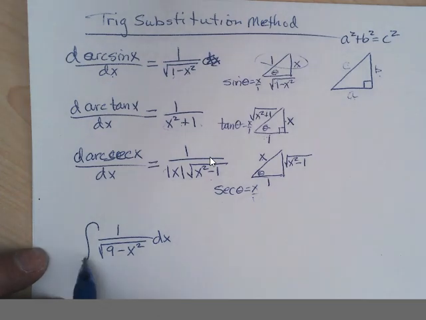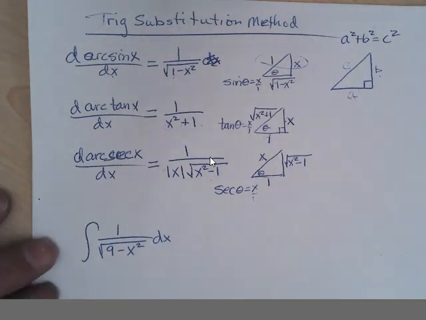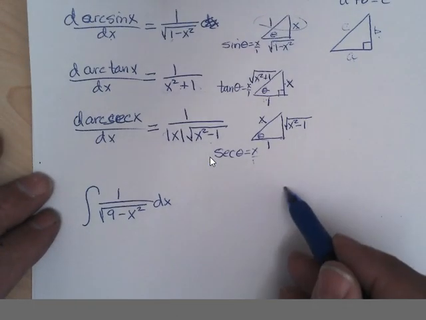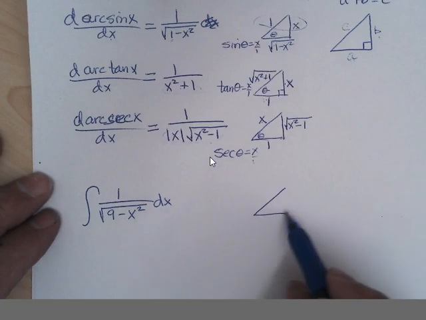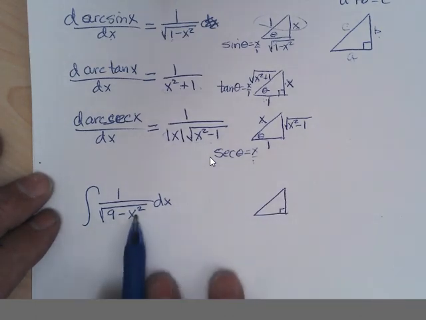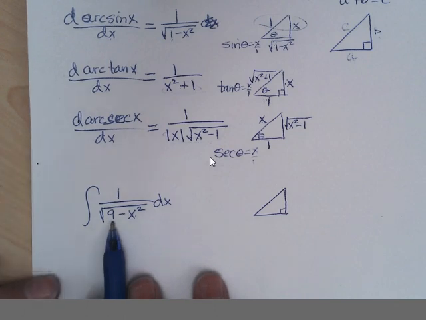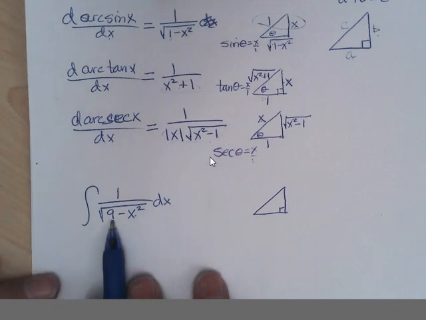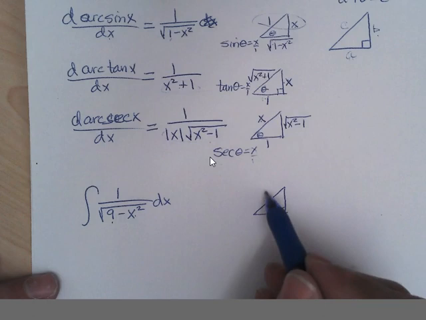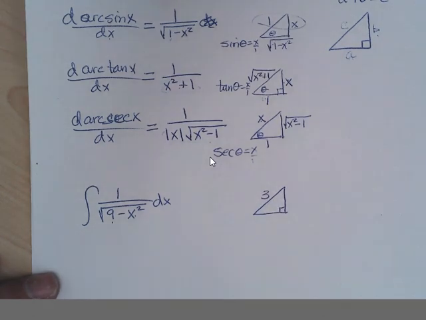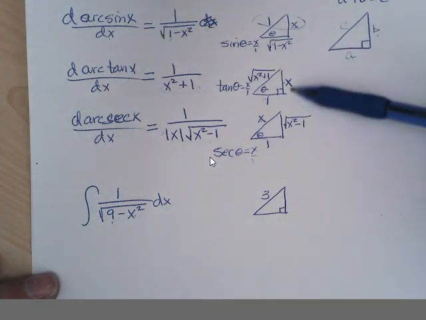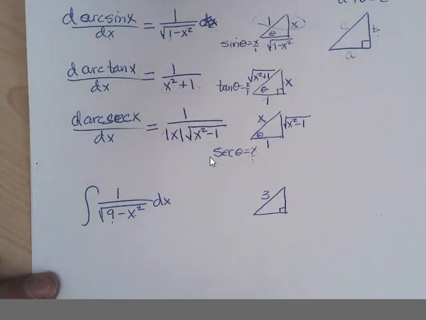Now I'm going to make a triangle for this one. I'm subtracting, so the one I'm subtracting from has to go on the hypotenuse, and since it says 9, I'm going to put 3 on my hypotenuse. Then I like to put the x on the opposite side.